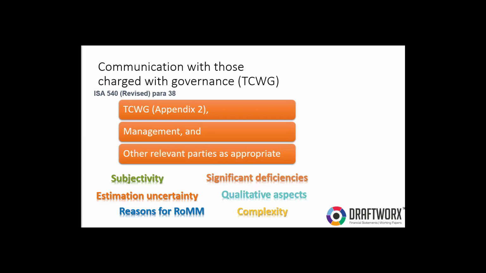So you can see that there might be various aspects relating to making these accounting estimates and possibly the practices behind it, and then ultimately significant control deficiencies. There are a number of things that you may need to communicate.